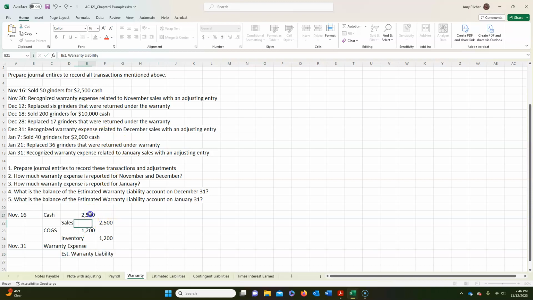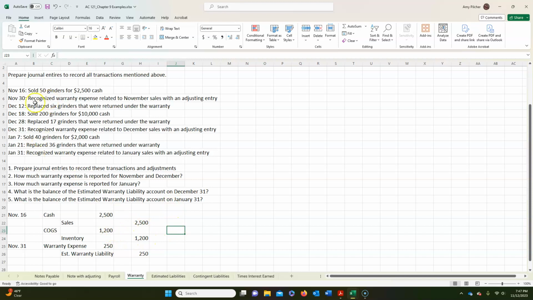And I'm going to have to move my debits and credits here. So 250 and 250. Let's move these over here so they match. So we have our debits and credits.